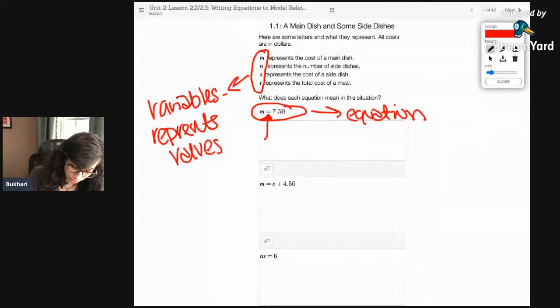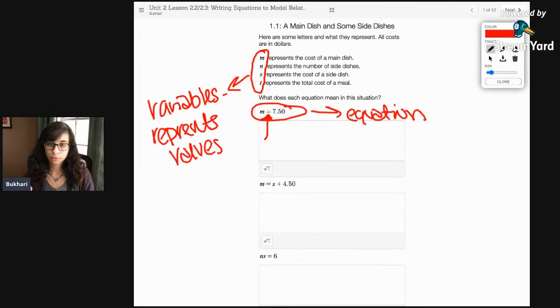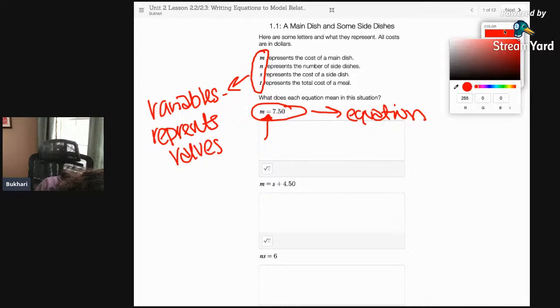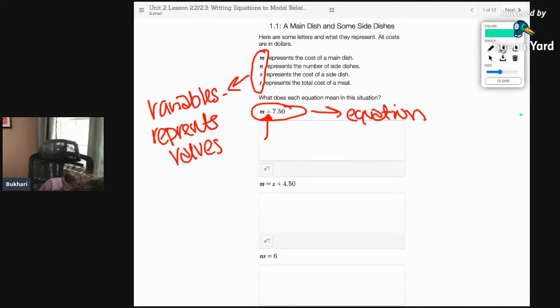And so for the first one, when we're looking at our M equals 7.50, we want to look at, all right, what does M represent? M represents the cost of a main dish, right, as we see here. It represents the cost of a main dish.